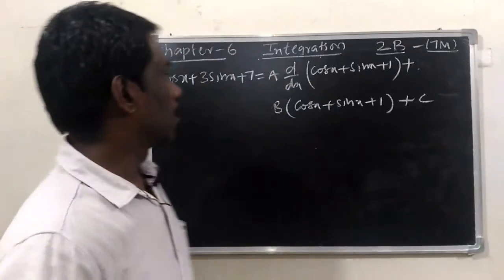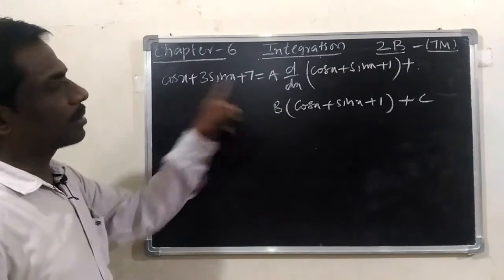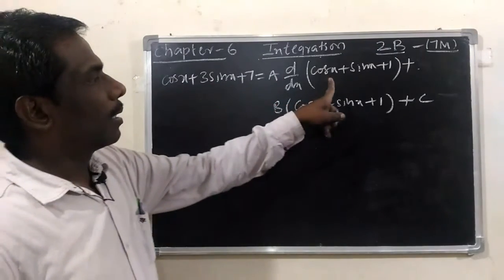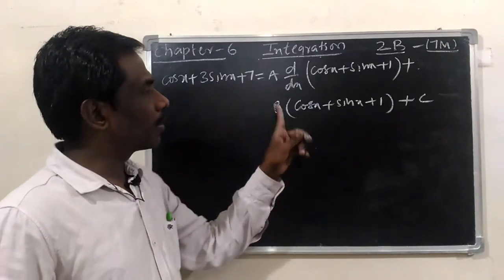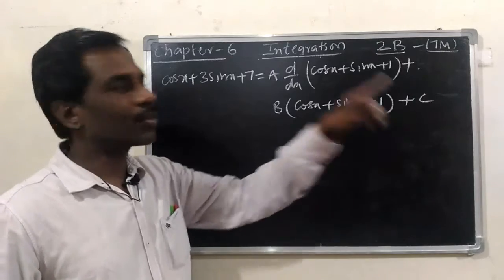Now, the numerator cos x plus 3 sin x plus 7 is equal to a into d by dx of the denominator, cos x plus sin x plus 1, plus b into the denominator cos x plus sin x plus 1, plus c.